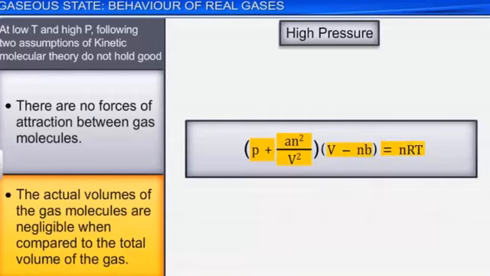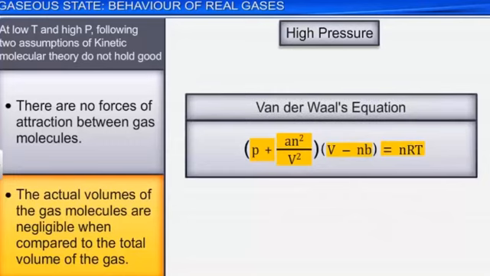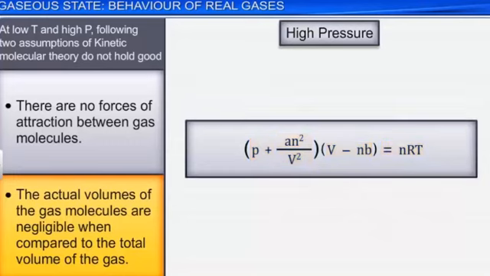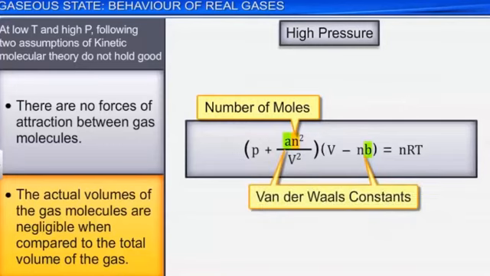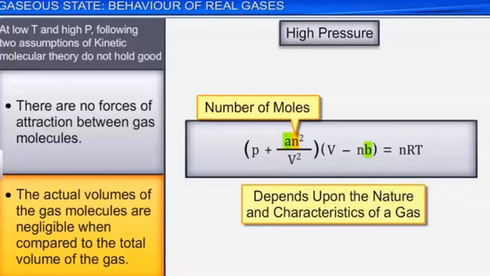Here, n indicates the number of moles, and the constants a and b are called Van der Waals constants. The values of a and b depend upon the nature and characteristics of a gas. The value of a is independent of temperature and pressure.